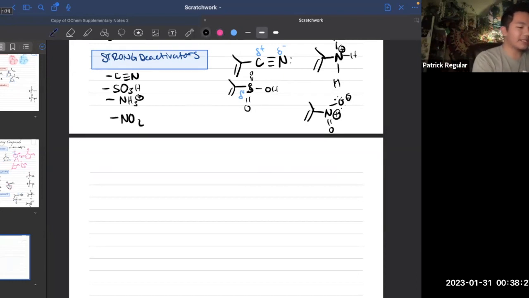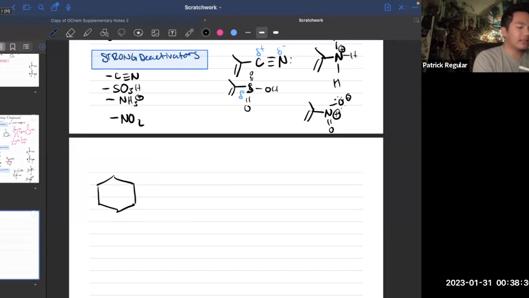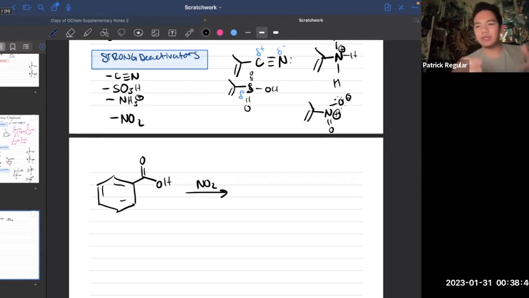So if we have, let's say, benzoic acid. Let's say we were trying to put another nitro group on it. So I know for a fact, our benzoic acid, if I know my chart, is an electron withdrawing group, and it's meta-directing.